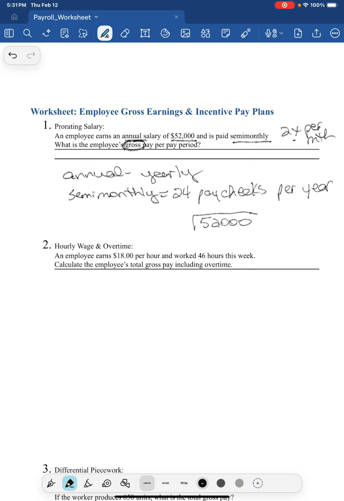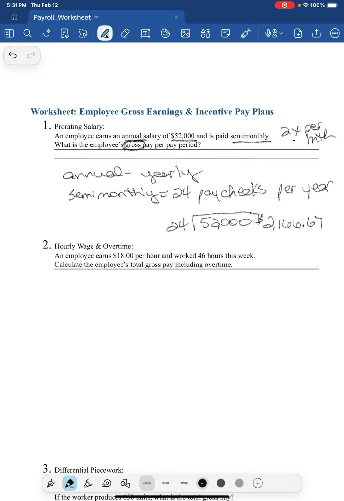All we have to do is divide that by 24. So you just go to your calculator, you have 52,000, you divide that by 24 pay periods, and you see that you would get $2,166 and probably 67 cents on one and 66 on the other in the month. And that would be your pay every pay period for that amount of money.